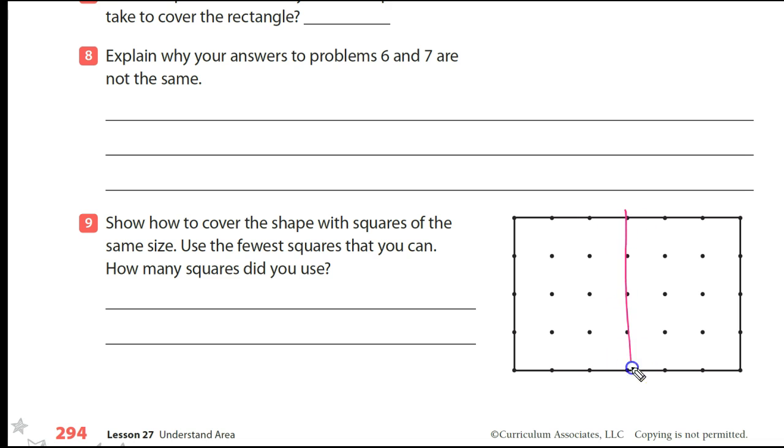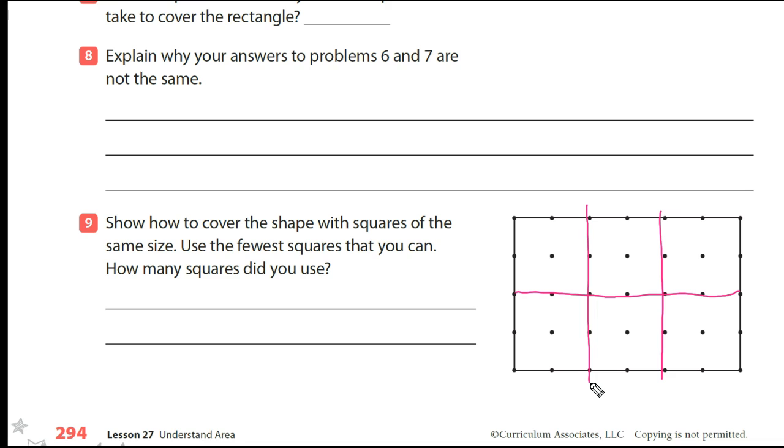Can they be this? But what shape do I want? That's not a square. There's 3 here and there's 4 on the side. That's not a square, so I can't do that. Can I do this? Can I do that?